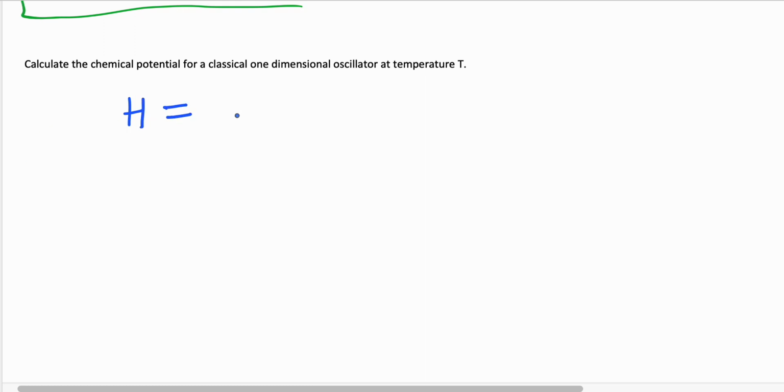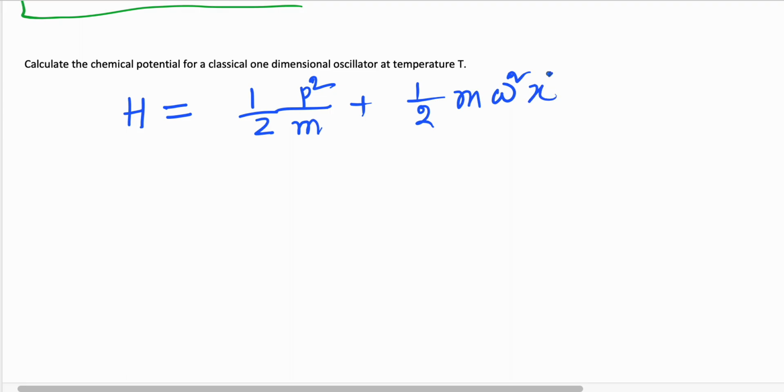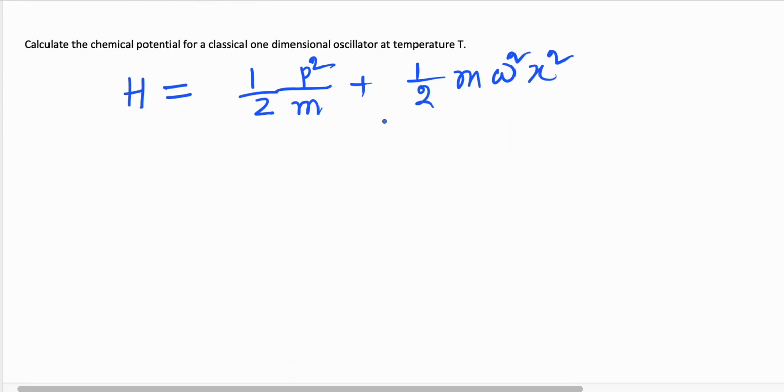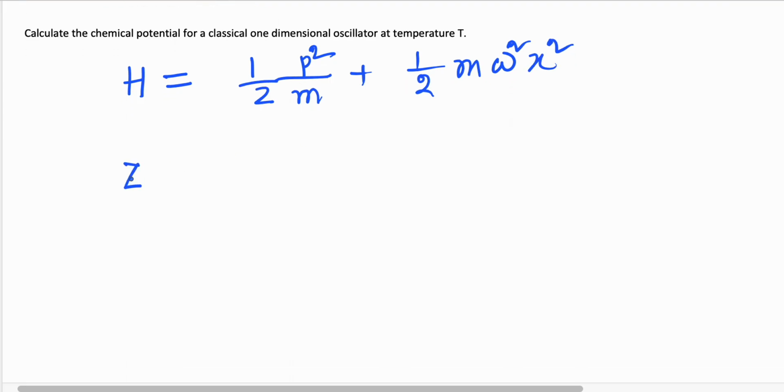Here the Hamiltonian is p square by 2m, its kinetic energy, plus its potential energy, half m omega square x square, since it is one-dimensional. Now what is its partition function?